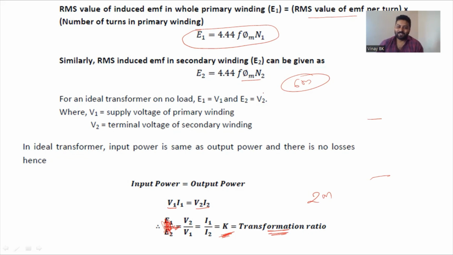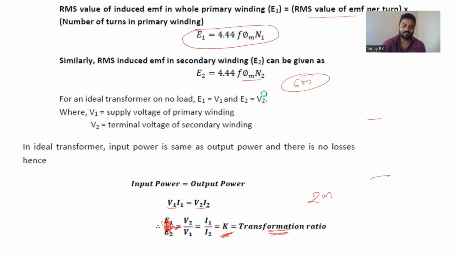Similarly for the transformation ratio, you consider the ideal transformer: input power equals output power, so V1 I1 equals V2 I2. You write V2 by V1 equals I1 by I2, which you define as the transformation ratio K.